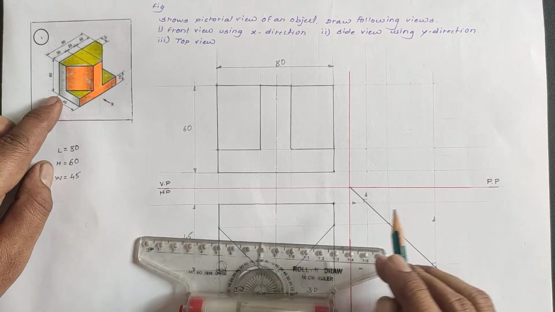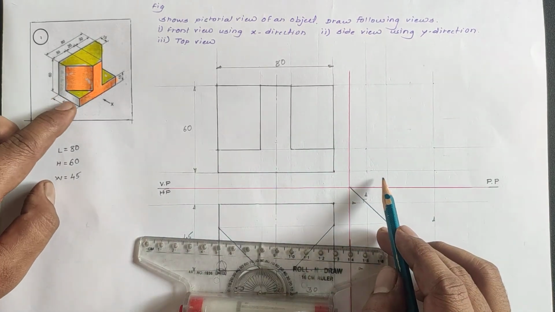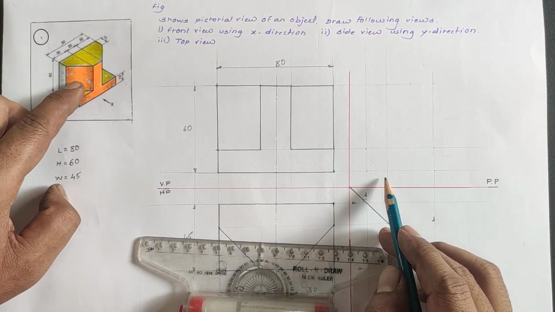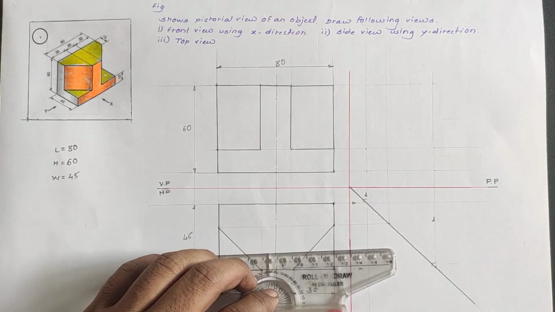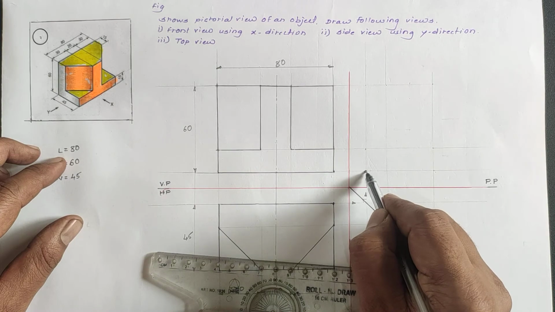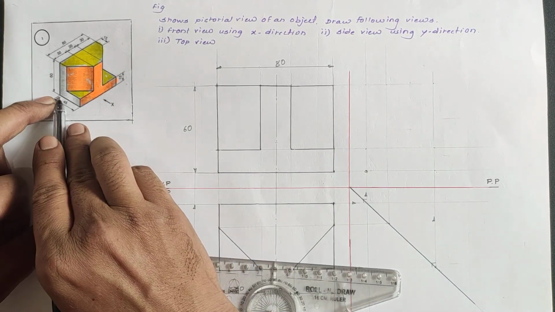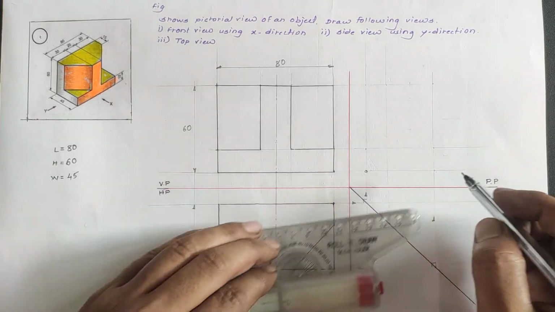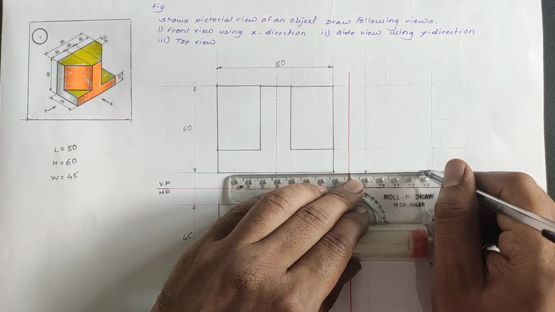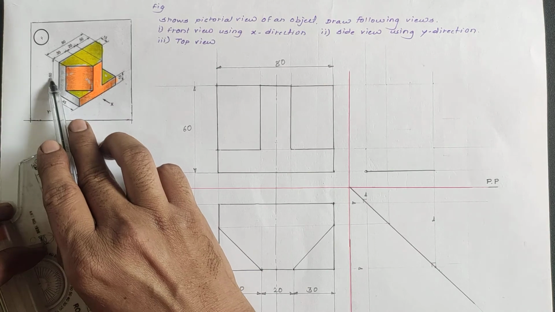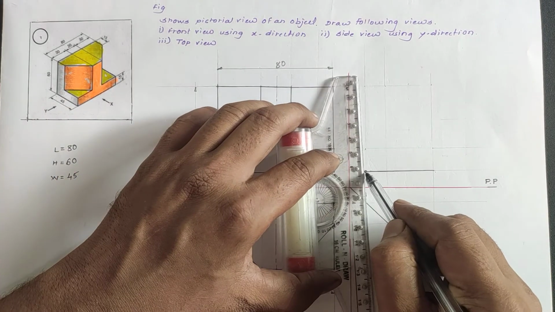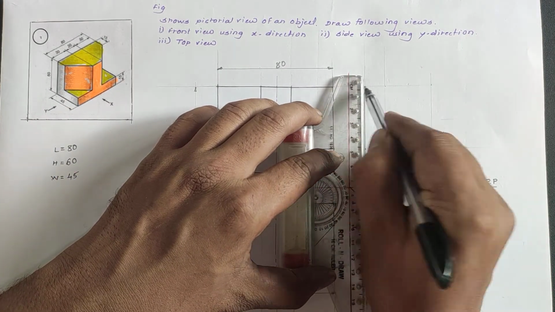So the base L shape we can see in the side view, and this rectangular portion is common in front view and side view. So first we start from this corner, so this is present here. Okay, so draw the 45 mm dark line, thick line. Then the height of the object is 60 mm, draw a 60 mm vertical line.